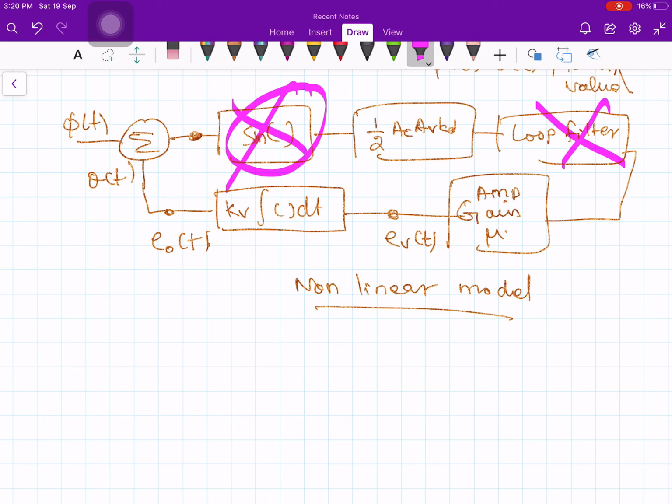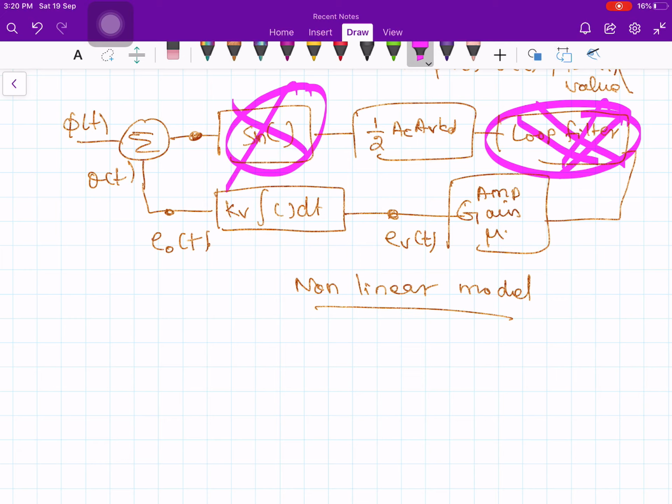Okay, so we are assuming that is still there, but the additional loop filter, for the time being we are going to remove it. When the additional loop filter is not there, we will call it a first order loop. Okay, as to why we call it first order will become obvious later. Right now we will assume that this loop filter is absent.